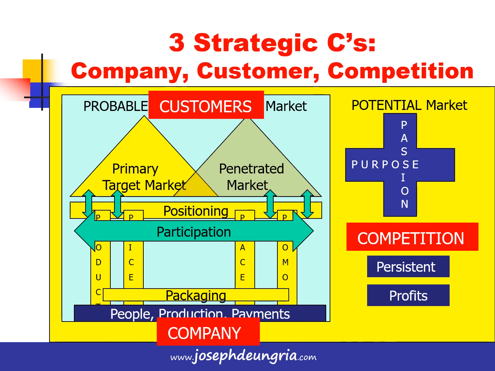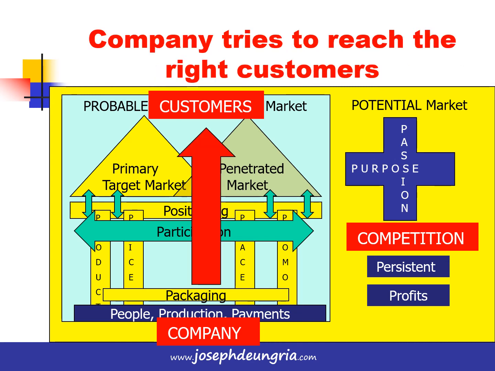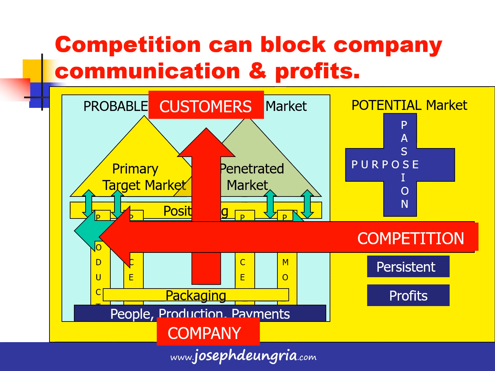So what happens is your company tries to reach the right customers, and then competition tries to block your communication and profit. So you need to have that perspective that you're not the only one trying to talk to the customers. There are many competitors who are also trying to achieve what you want to achieve.